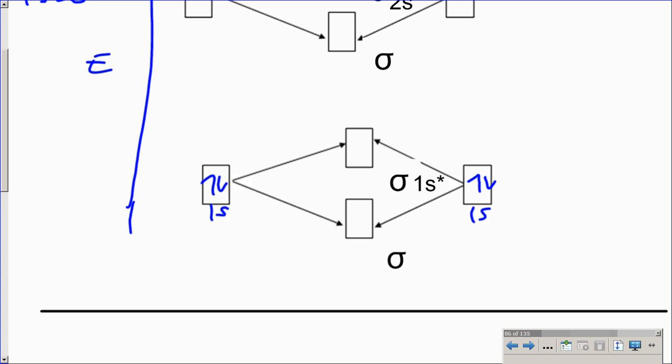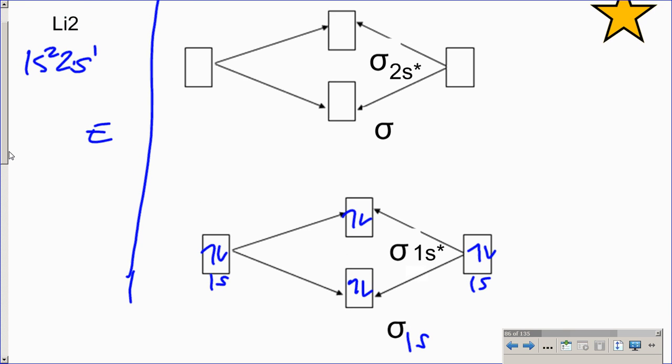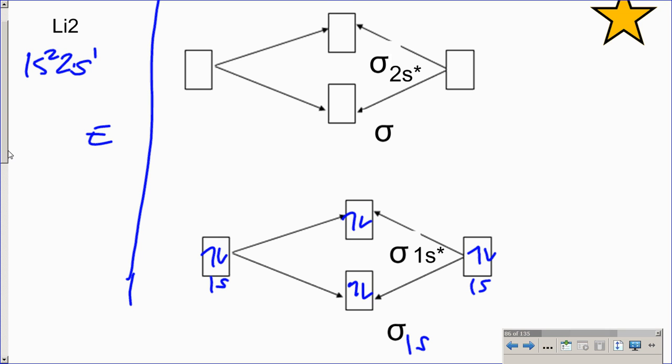They're going to fill up the sigma 1s orbital and then the sigma 1s star orbital. And then this is the 2s orbital, and we have one electron here and one electron here. The sigma 2s and 2s star need to be filled now.